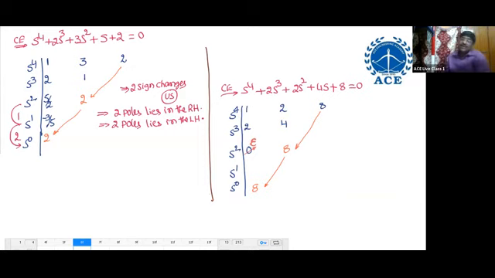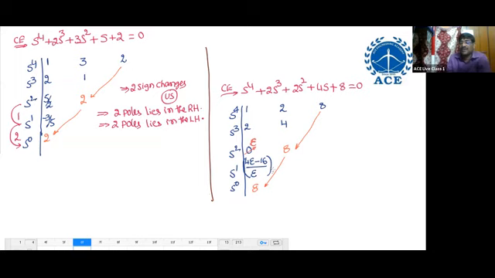Come on, next write the Routh array. So 4 into epsilon minus 16, divided by epsilon.